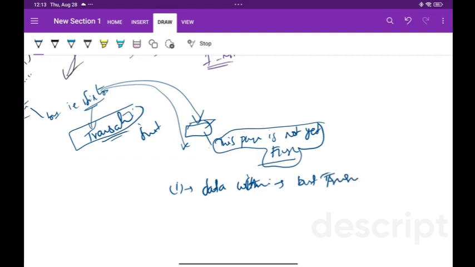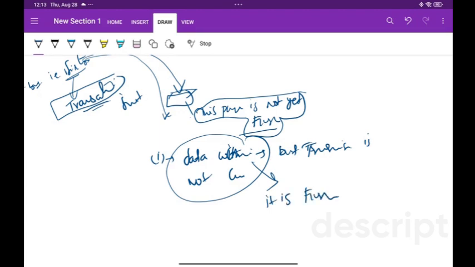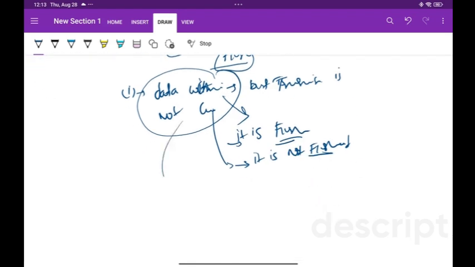In one scenario, this data is flushed during the checkpoint. In the second scenario, it is not flushed during the checkpoint. So we have two scenarios: flushing of the dirty data, and no flushing of the dirty data.